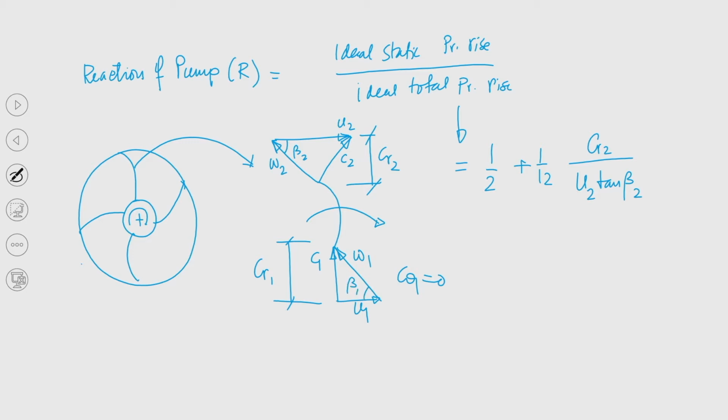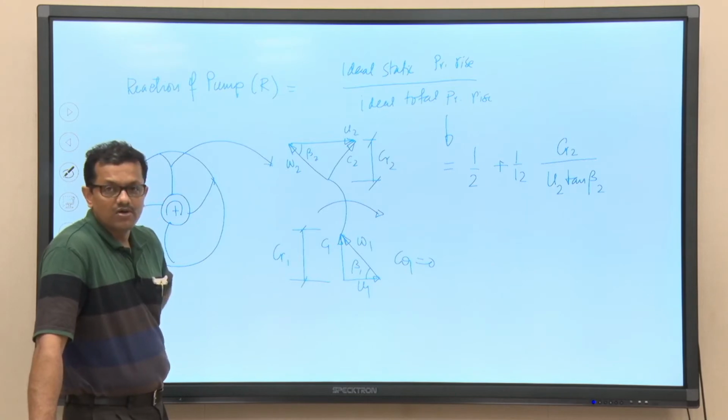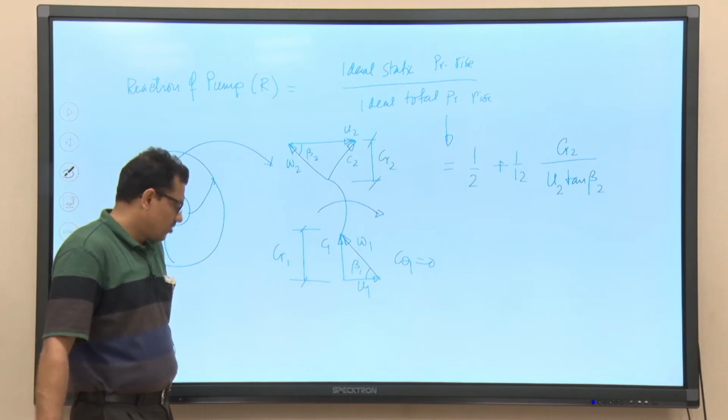This is w2. Beta 2 is the blade angle at the outlet and this is beta 1. For this case, we have taken the example of the impeller of a radial flow pump and drawn the velocity triangles at inlet and outlet.